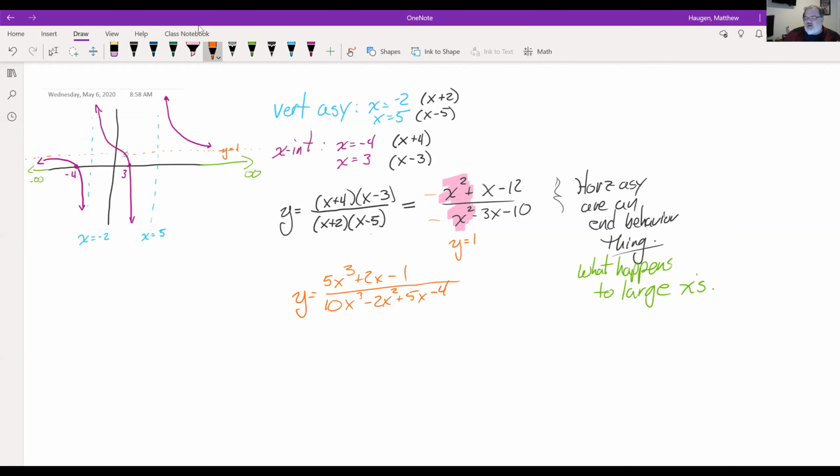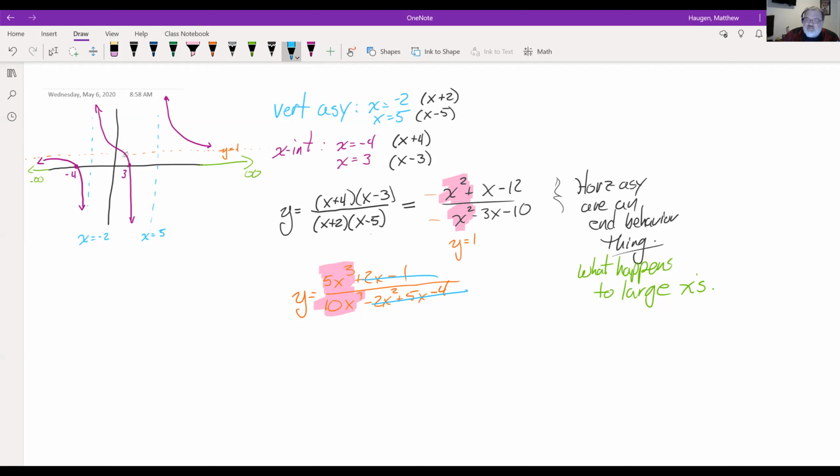If we wanted to find x-intercepts, we'd have to find the zeros of that numerator. But if all we were worried about was its horizontal asymptotes, all we would look at is these two first terms. We wouldn't care about these. They don't contribute to the end behavior. They contribute to the wiggles in the middle.